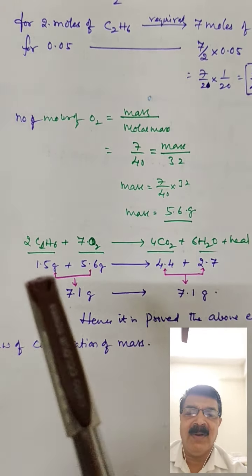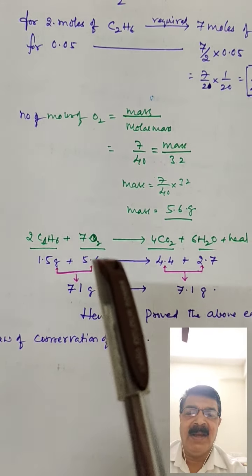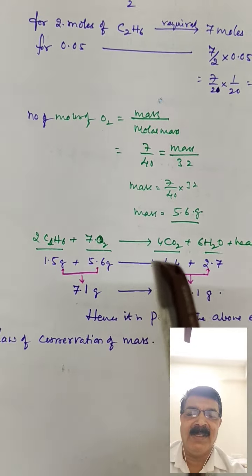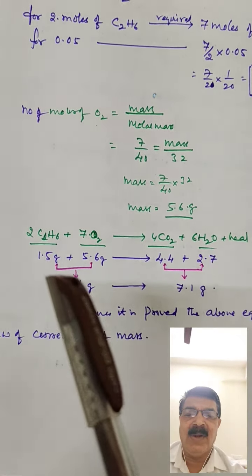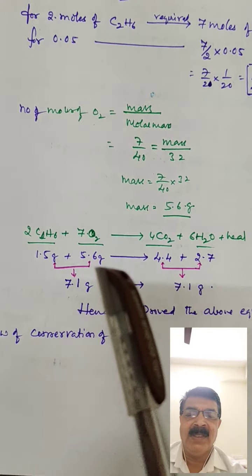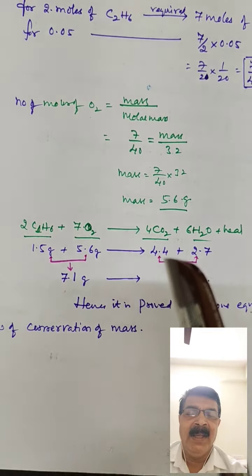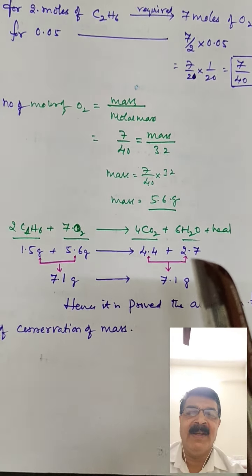So apply that. Ethane 1.5 grams, it is given clearly, and 7 moles of oxygen, that is 5.6 grams, which we got here itself. Then 4 moles of carbon dioxide, given in the question, and 6 moles of water, that is 2.7.